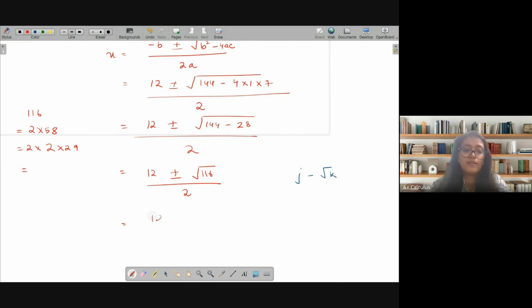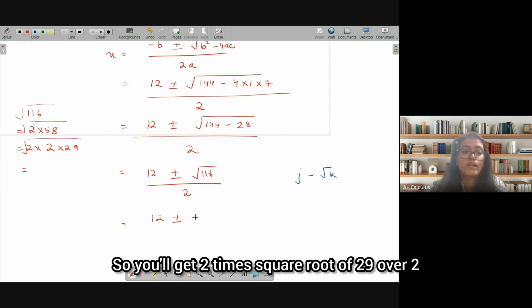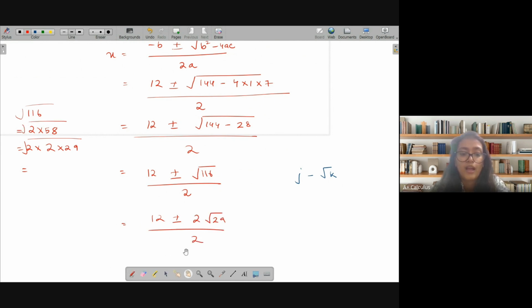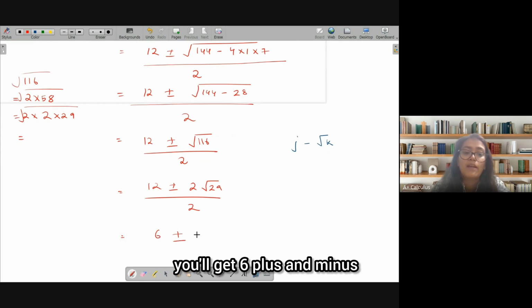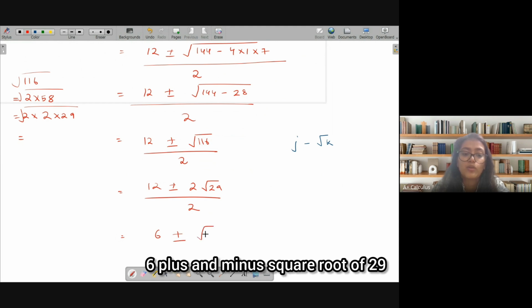So 2 will come outside the square root. You'll get 2 times square root of 29 over 2. And if you divide by the 2 in the denominator, you'll get 6 plus and minus, the 2 will get cancelled: 6 plus and minus square root of 29.